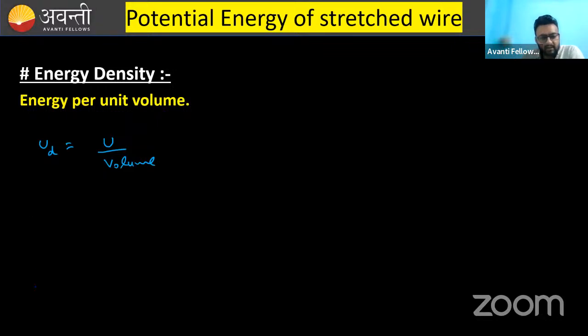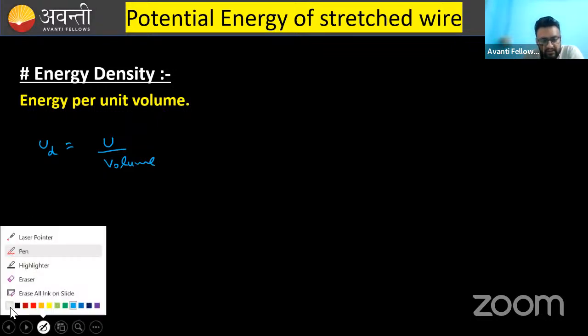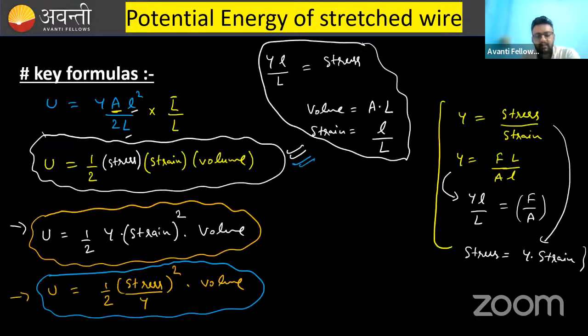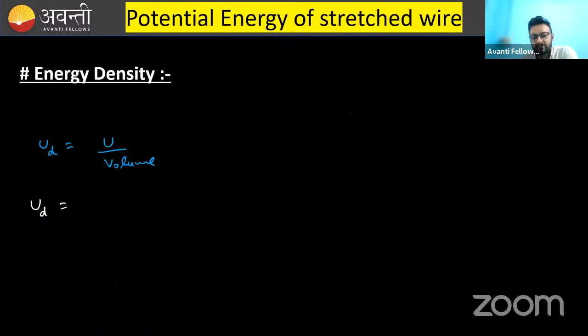If I ask what the formulas for energy density are, you will say divide the energy by the volume. If I look at the previous slide, in all these formulas there is a term volume. If I divide this energy by the volume, this volume term will be cancelled out. So if you remove the term volume, you will get energy density. So what will it be?